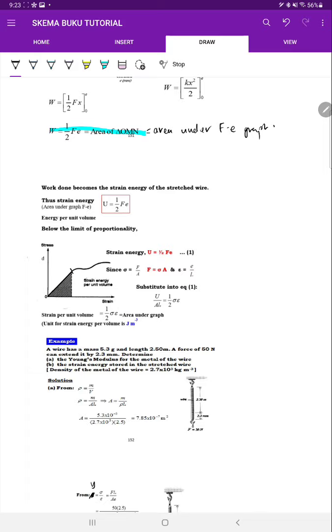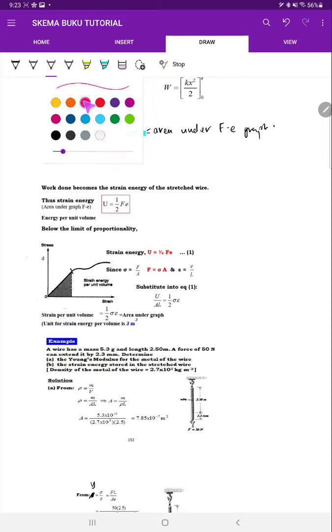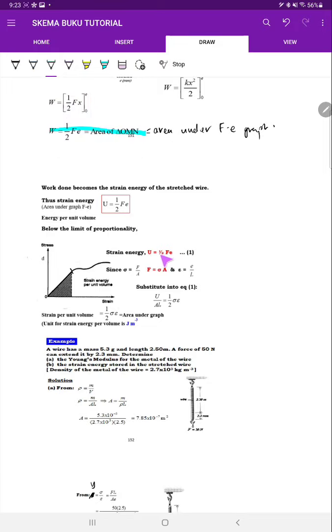Okay, energy dia, U equal to half Fe. Kita tahu F, daripada stress sama dengan F over A, F sama dengan stress darab A. Strain sama dengan elongation per L naught, so elongation sama dengan strain darab dengan L naught.